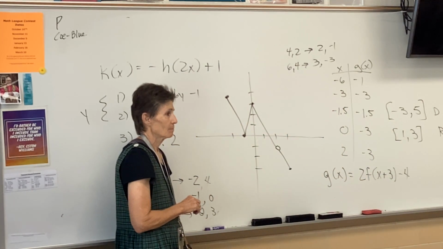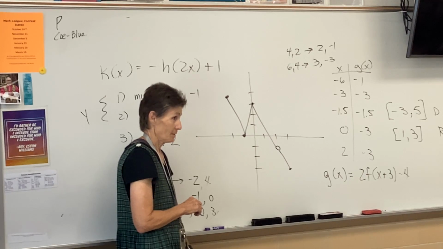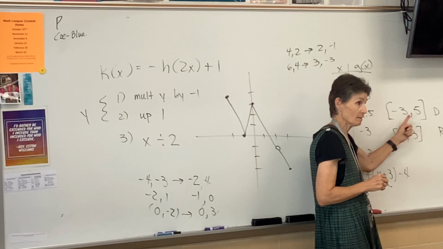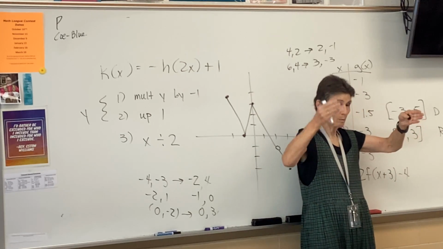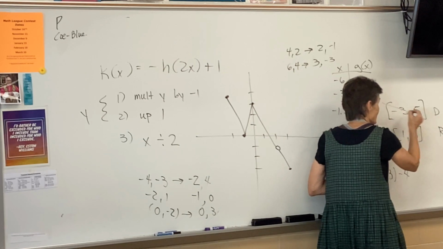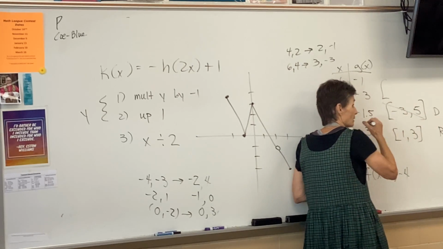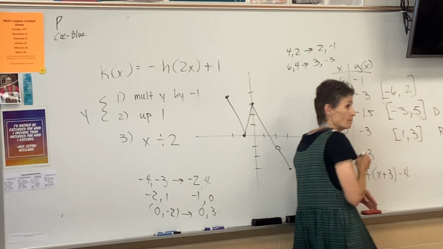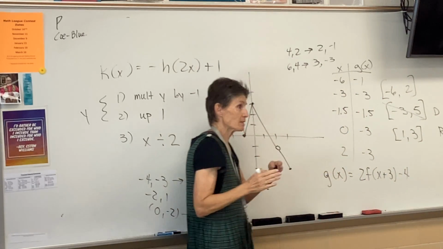Left 3. So aren't these the x's right here? In the original, we went from -3 to 5, so where are we gonna go in the transformation? -6 to 2? Sure, everything just got backed up 3.